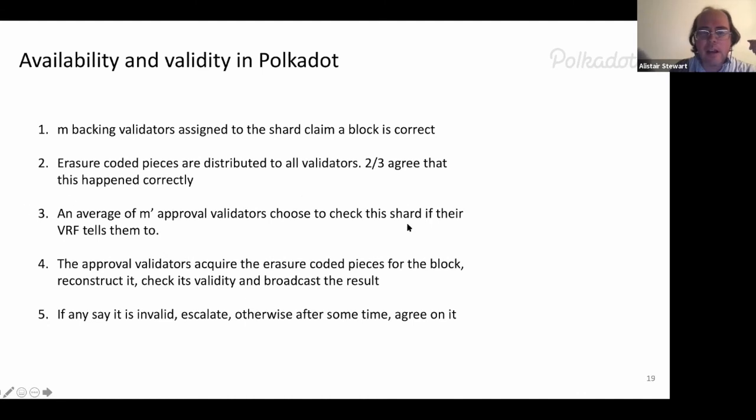And then it's only when we have a certain number of people having done these next set of checks, these approval checks, once we've got all of those done for all the shard blocks in a relay chain block, only then can we finalize it. Can we do our Byzantine agreement on it? And this means in this period between, we can roll back, we can switch to a different fork.